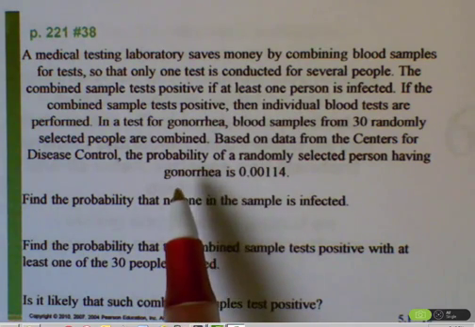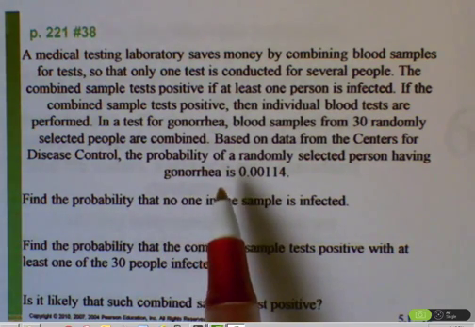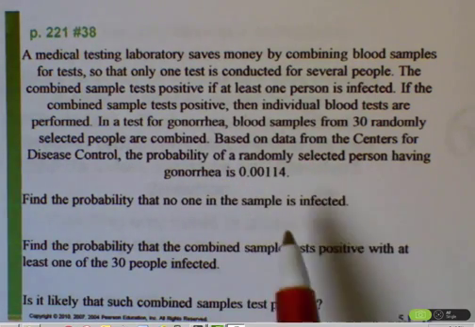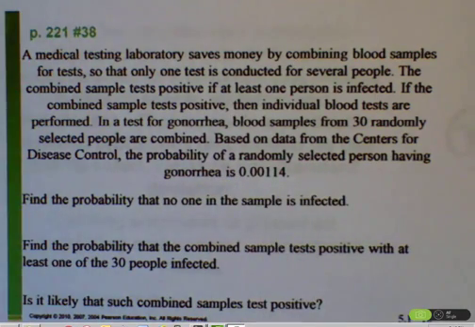If everybody in the sample is clean, nobody has gonorrhea, then the lab has saved a lot of money by only having to conduct one test rather than 30. However, if the batch test comes back positive, then the CDC has to go back and do individual tests on the groups of 30. Find the probability that no one in the sample is infected.